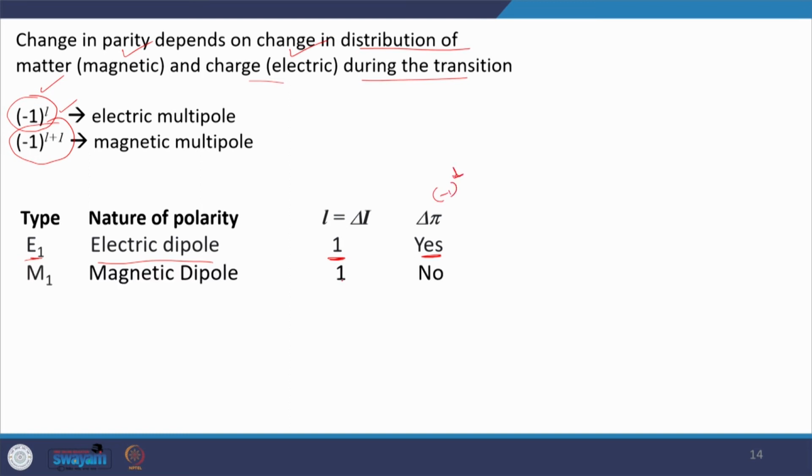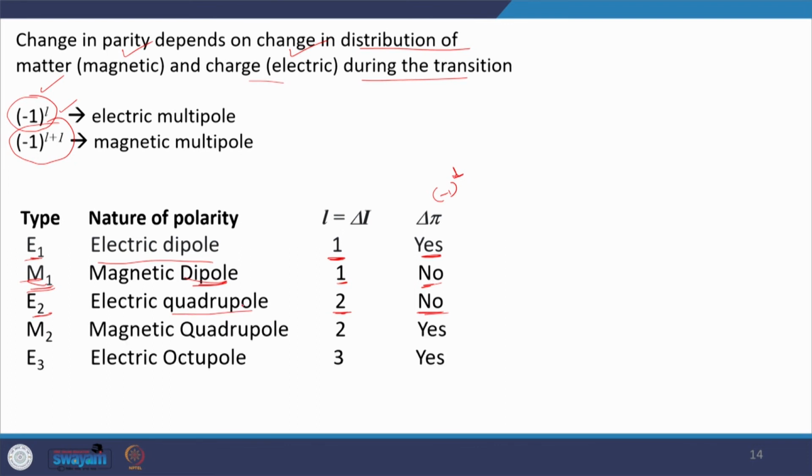Now, in the same way, if L is equal to 1 for magnetic, minus 1 to the power of L plus 1, the change in parity is not possible and the same dipole is there, and for magnetic it is M1, but there is no change in parity. Now, if L is equal to 2, minus 1 to the power of L is even, so there is no change in parity, and it is electric in nature, and L equal to 2 corresponds to quadrupole. Similarly, you can write down magnetic quadrupole and magnetic octopole and whether there is a change in parity or not.